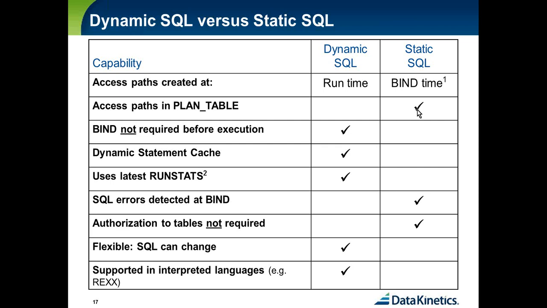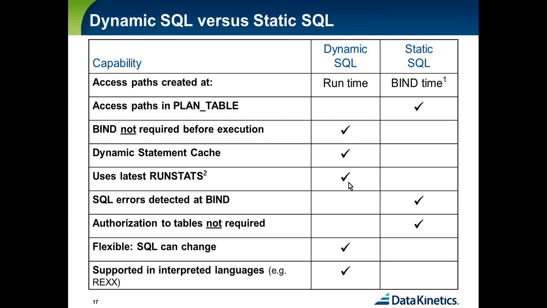The access paths are in the plan table with static, not so with dynamic. Again, we can explain the dynamic statement cache and get that information, but it won't be there beforehand. The bind isn't required. Dynamic SQL is going to use the latest RUNSTATS. Well, you know, not always.